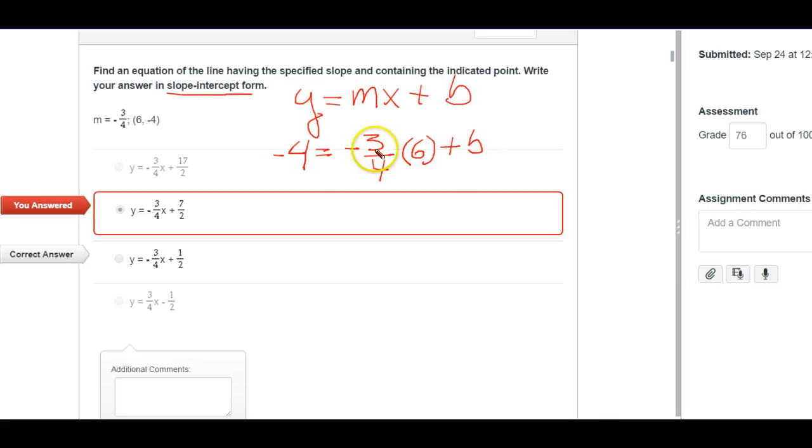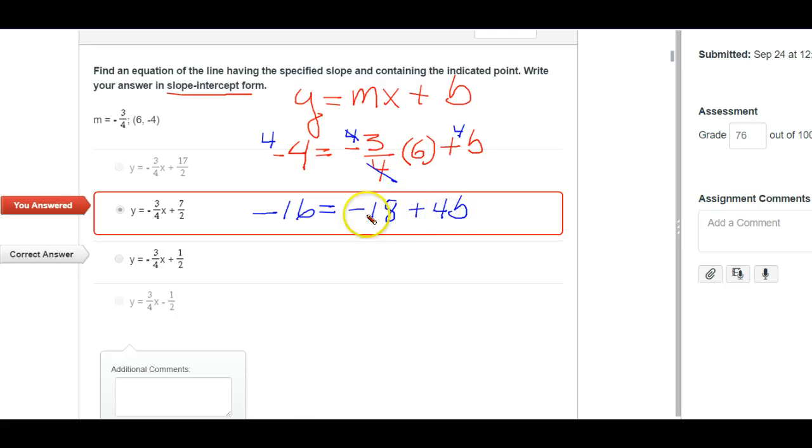So, the technique we said is multiply every item by the lowest common denominator, which is 4. That way we'll get rid of all our fractions here. So this becomes a -16. Here the 4's cancel out, so this becomes a -18 plus 4b.